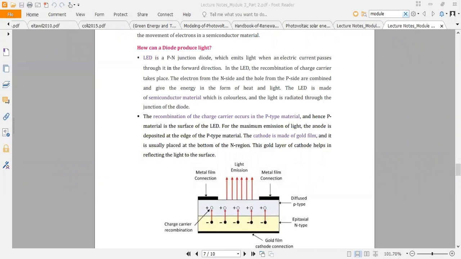Then the electron will move from n type to p type and it will recombine. During this process, the energy will be released, in the form of light. That is the process by which a diode is able to produce light.